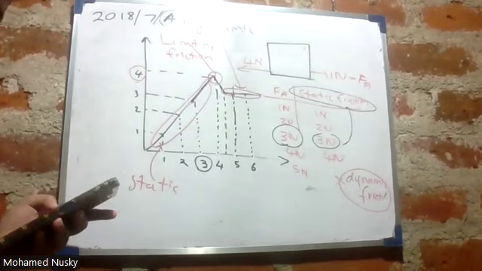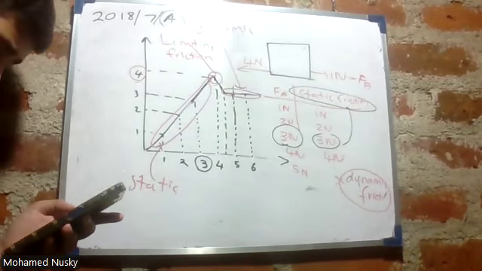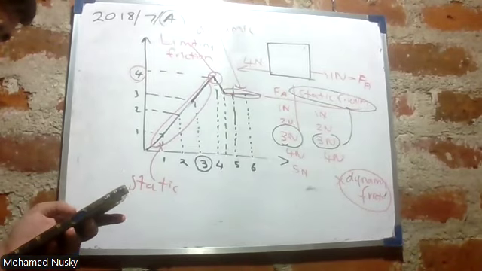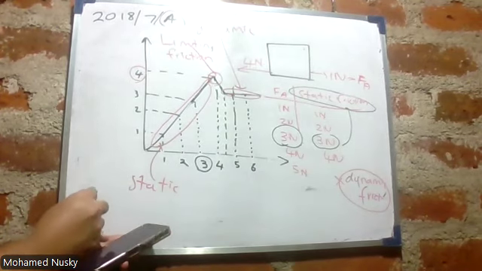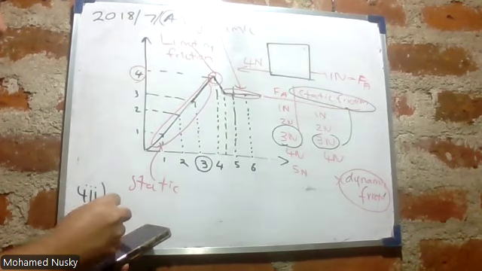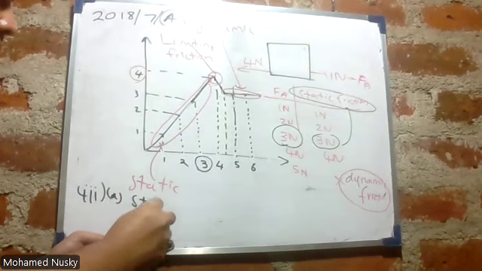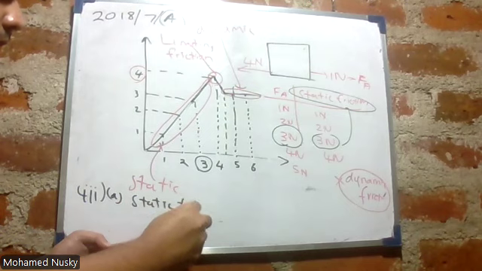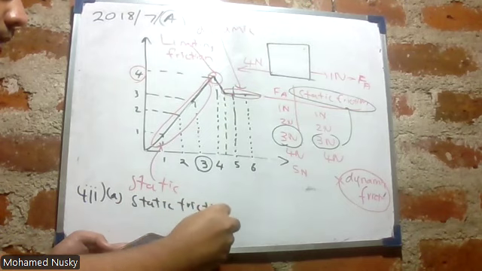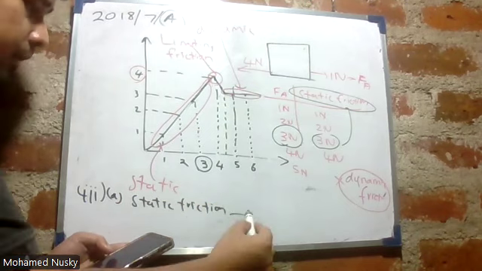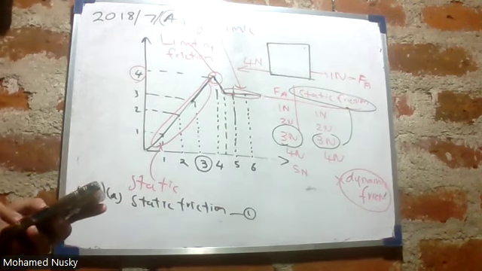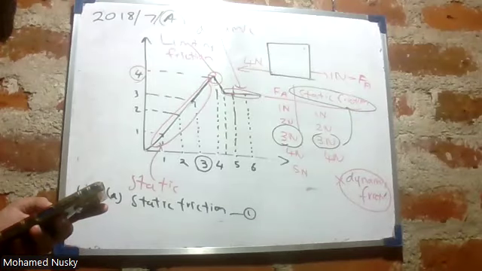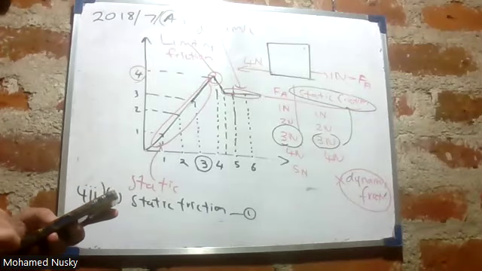So what should be the answer? The answer should be static friction. In Roman number 3, A part, static friction. 1 mark is given.